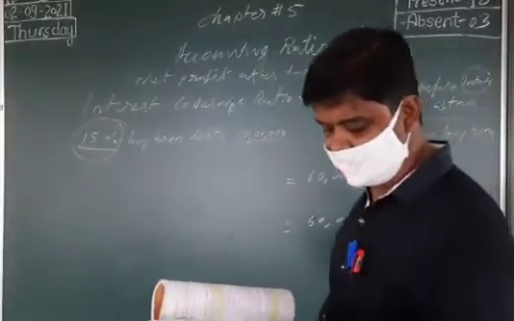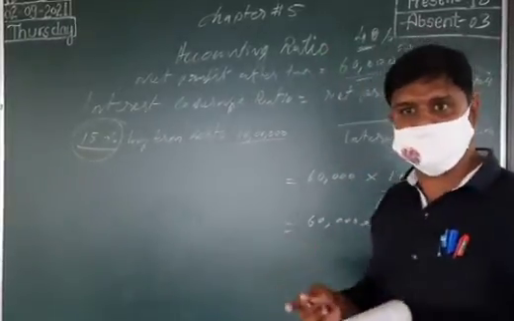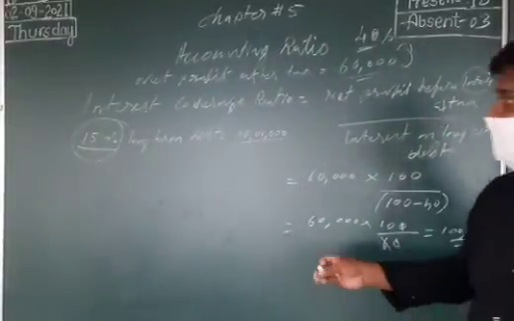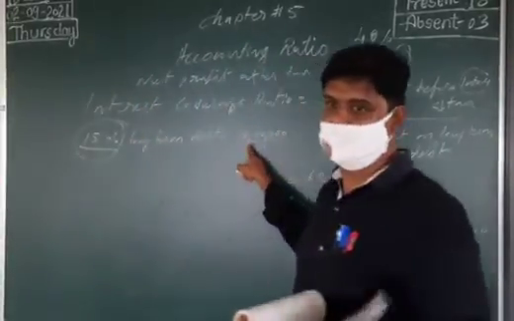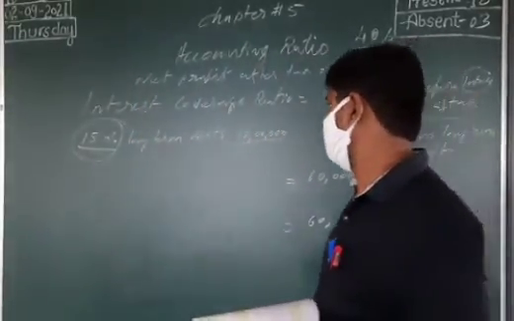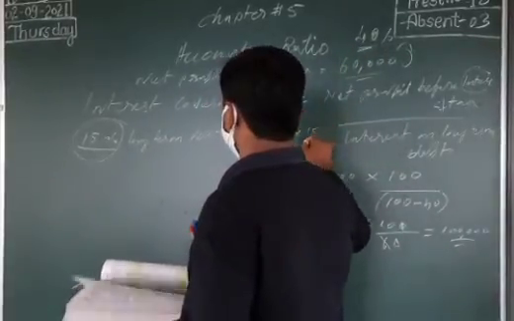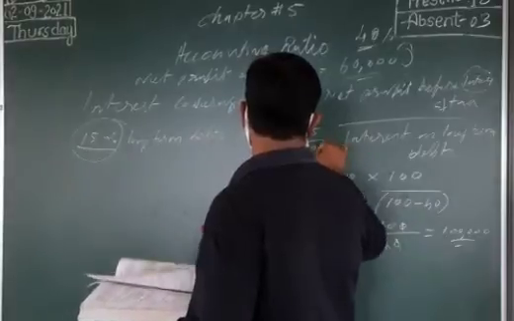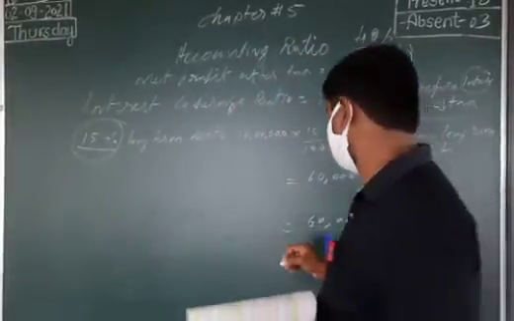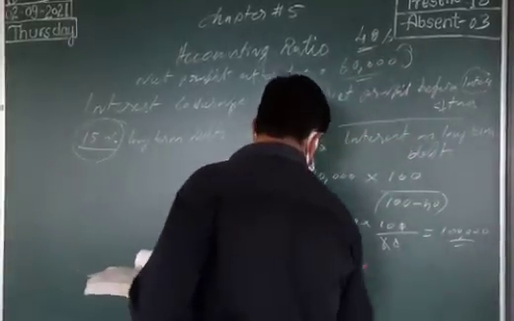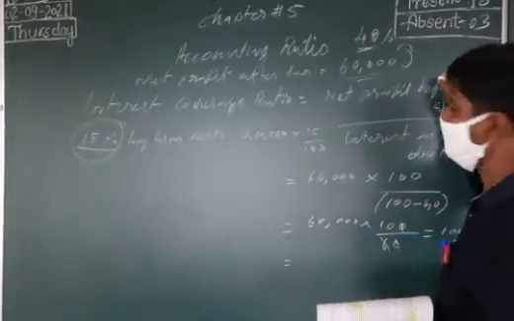What interest rate is given here? Interest is 15% of this 10 lakh. So we need to find 15% of that. How much is it? 1 lakh 50,000.